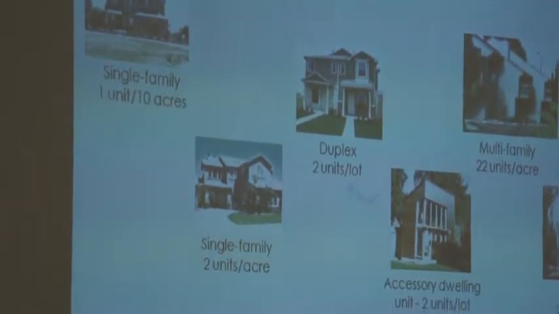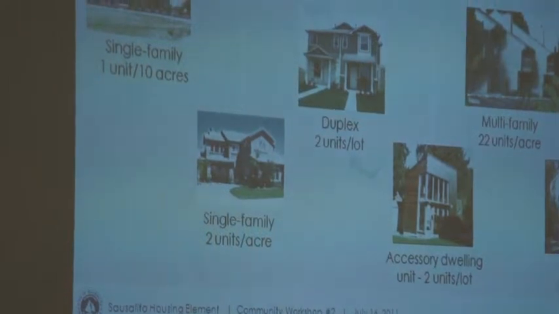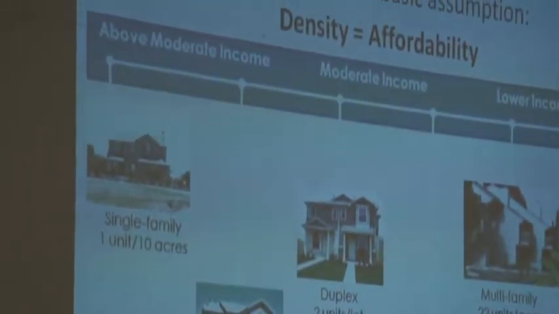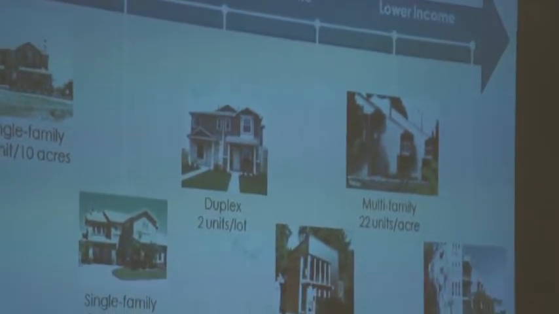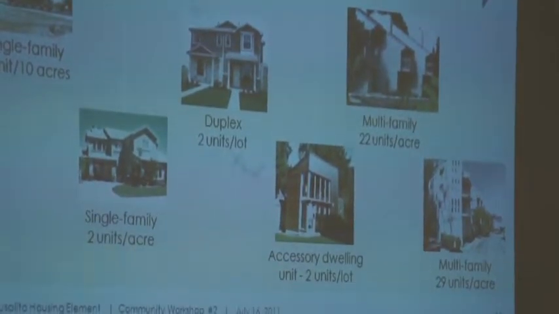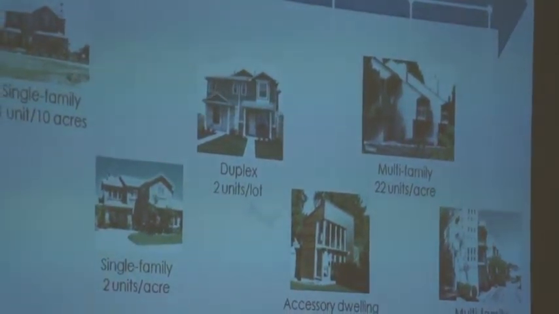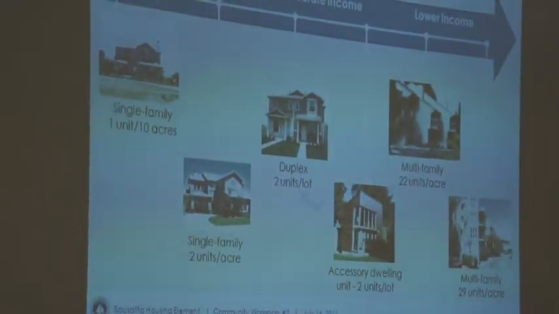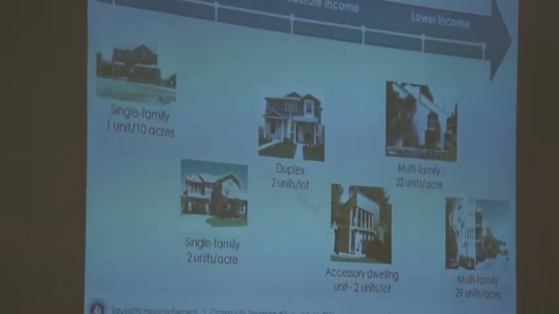So we've created this graphic that shows above moderate income housing at very low density, and here in this case, multifamily at 29 units per acre will theoretically reach the target income group for that standard of 50% or less of median income.